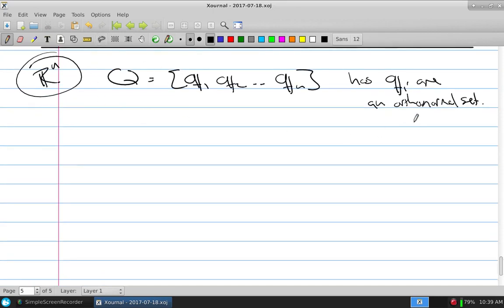And if this is true, where these are an orthonormal set, if the inside of Q is an orthonormal set, what do you think we should call Q? That would make sense, but we call it orthogonal, an orthogonal matrix.